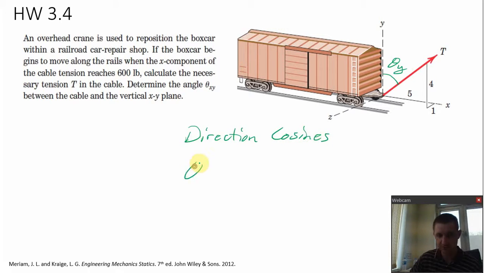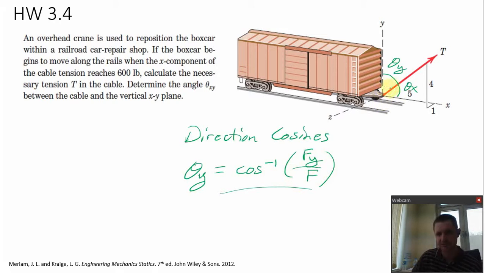If you're looking for an angle that a vector makes with, let's say, the positive y-axis, you can do that by taking the inverse cosine of the y component of the vector divided by the magnitude of the vector. And if you want to find the angle tension makes with the positive x-axis, you can do a similar procedure.